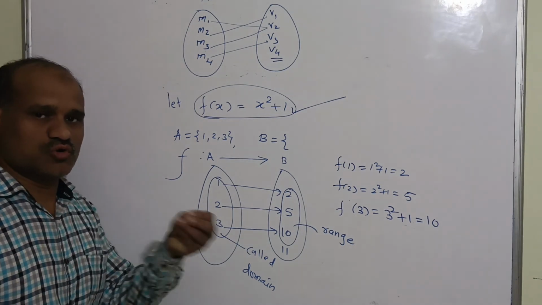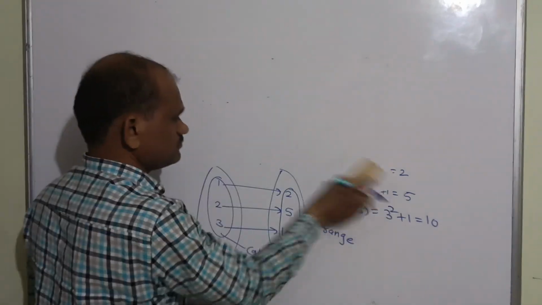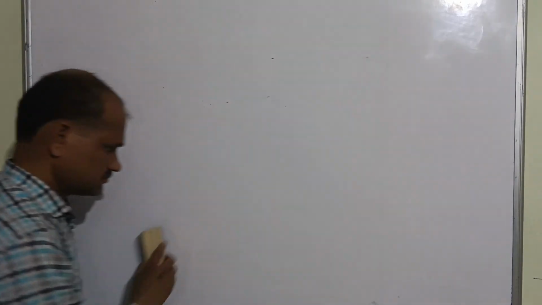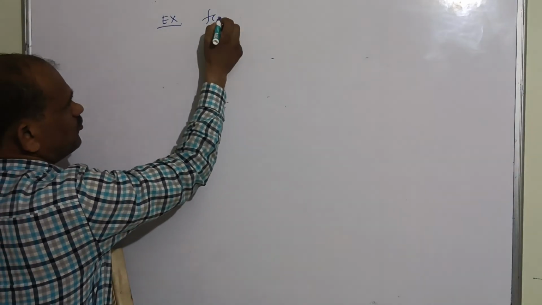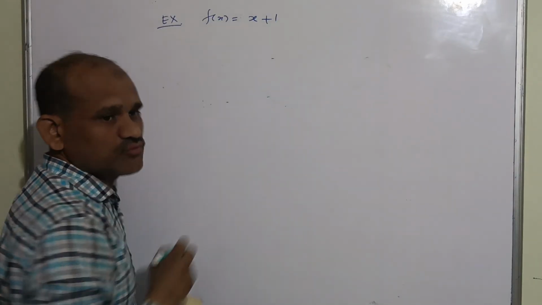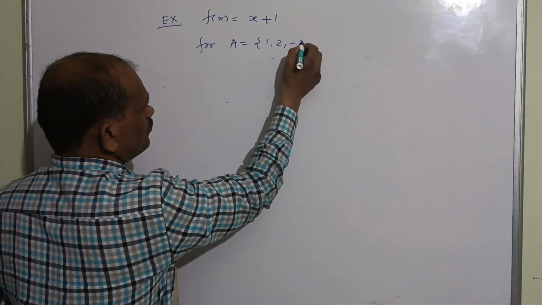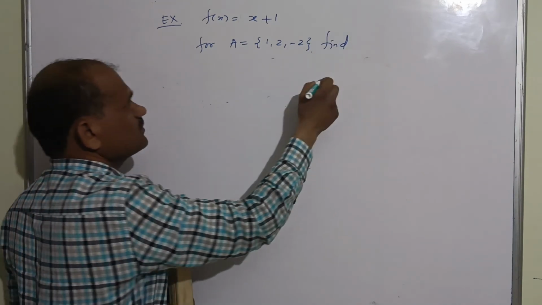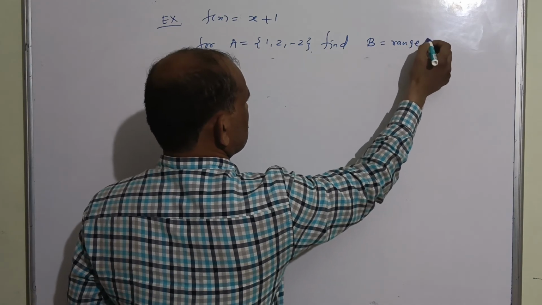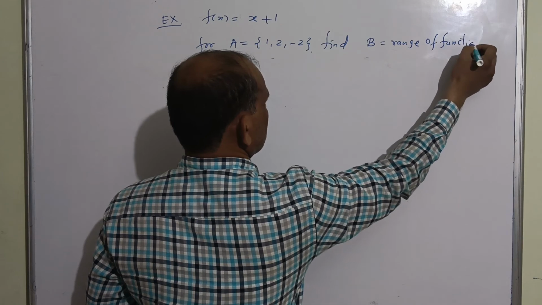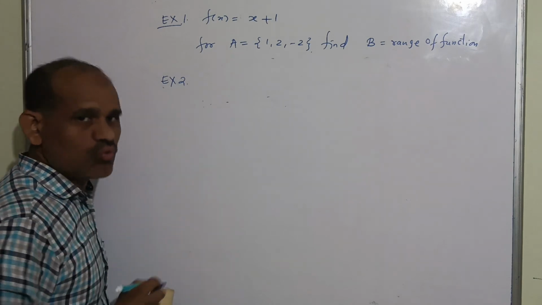I am giving the domain. You have to find its range. We'll discuss some examples. Example 1: f of x is equal to x plus 1 for A is equal to 1 to minus 2, find B, that means the range of the function.